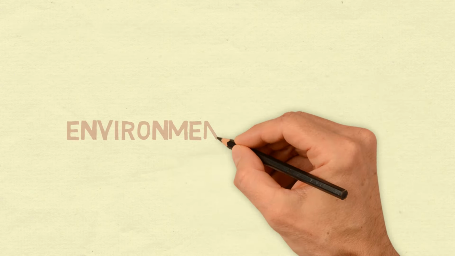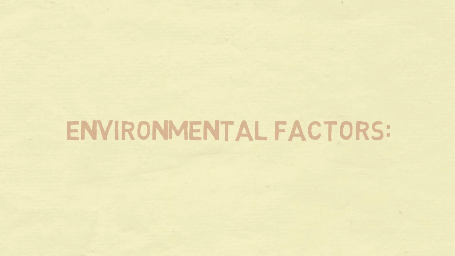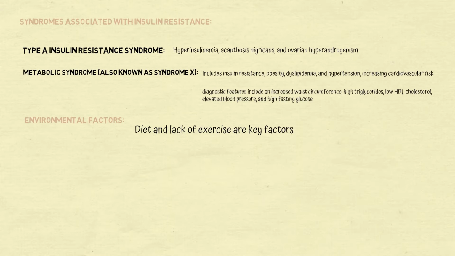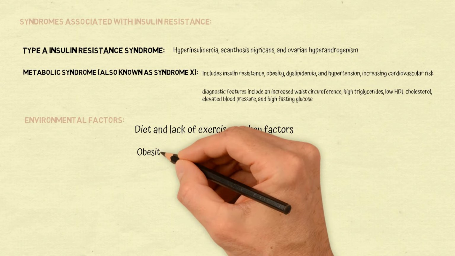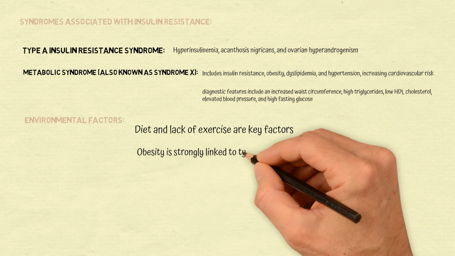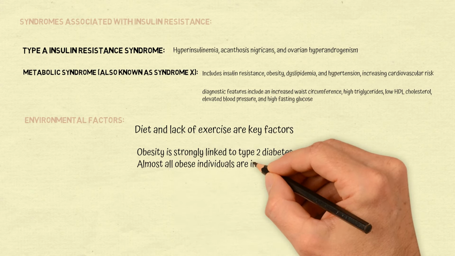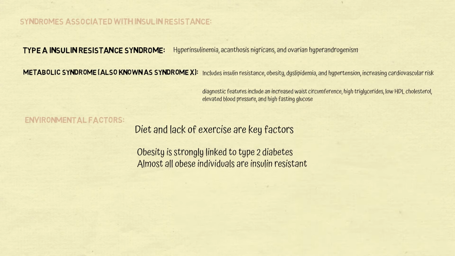Environmental factors play a big role in type 2 diabetes. Diet and physical inactivity are major contributors, and obesity is a top risk factor. While not everyone who is obese will develop diabetes, most people with obesity are insulin resistant.